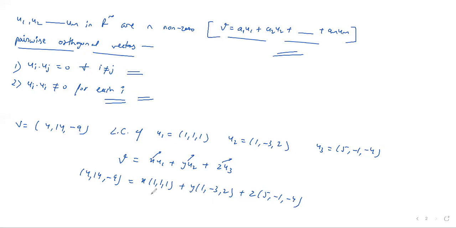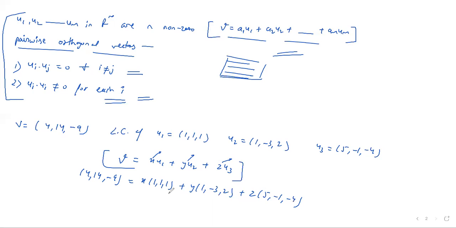Okay, so after this, if we form the equations, we will have x plus y plus 5z equals 4, and similarly the second and third equations, and we have to solve these three equations. It is very calculation-heavy, but we can apply the property of pairwise orthogonal vectors, and by that we can easily find the linear combination here.